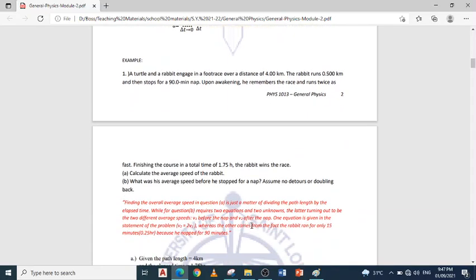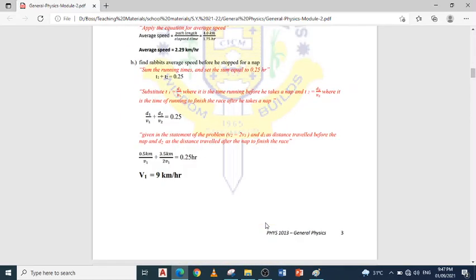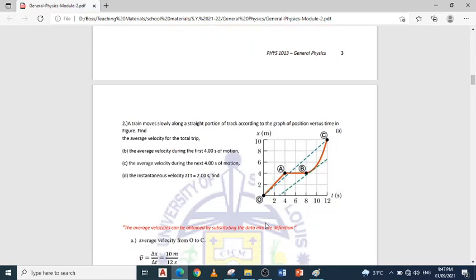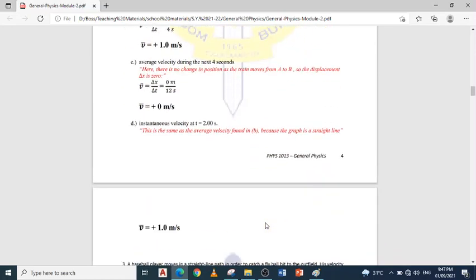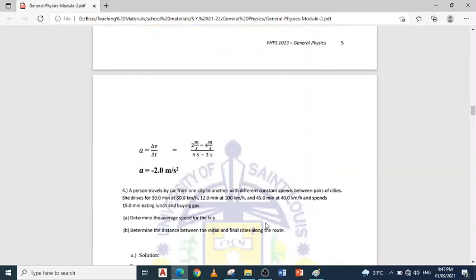So, I don't have to explain this anymore. But if you have some clarifications, please drop your queries sa GC natin para ma-address natin yan. Okay? Gusto kasi mag-focus doon sa application nito eh. So, saan na yan?